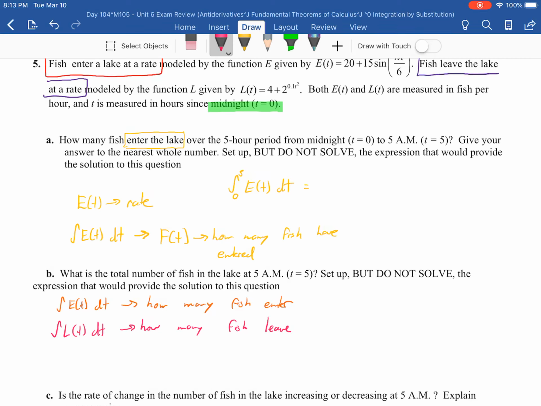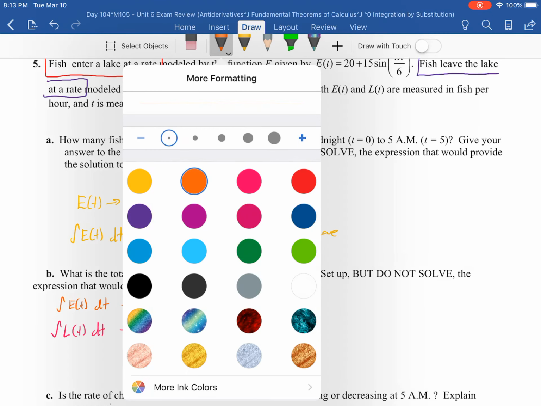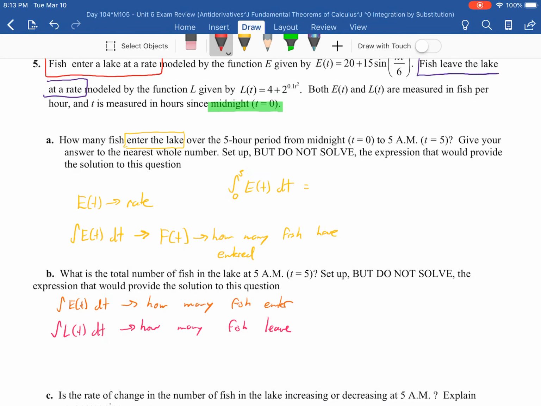Well, why is that significant? Well, let's think about this from a logical point of view. If we know how many fish enter and we know how many fish leave, if we want to find how many fish are in the lake, we're simply going to subtract these two.